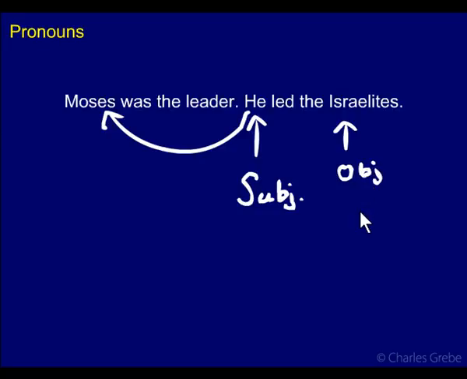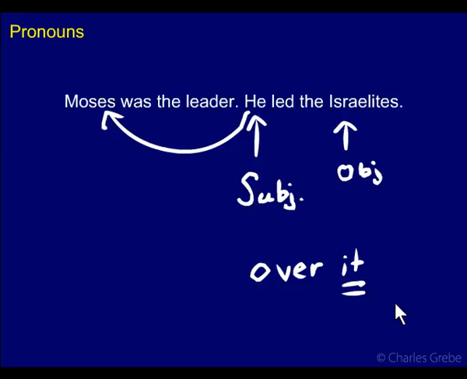They can also function as the object of a preposition. So if I say the fox jumped over the log, the fox jumped over it, here we have a pronoun functioning as an object of a preposition, over it. So basically the same places where nouns can function, you can have pronouns, because pronouns are taking the place of a noun.